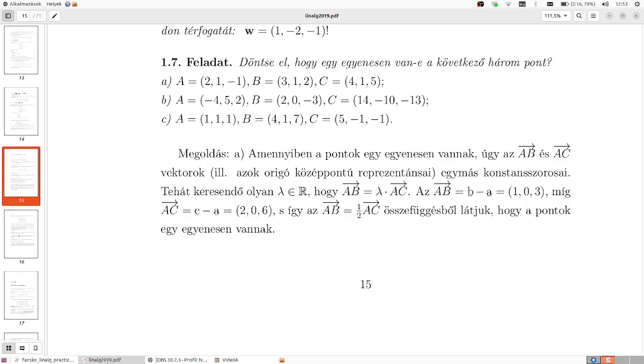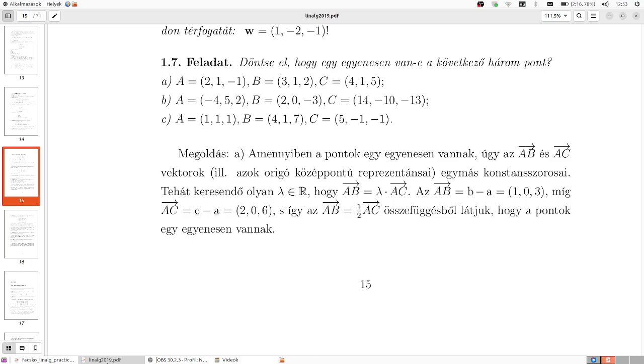So we could calculate the vectorial product, but it's not necessary. I have one vector here, it's 1, 0, 3, and this is this vector times 2. This is one definition for parallel vectors.